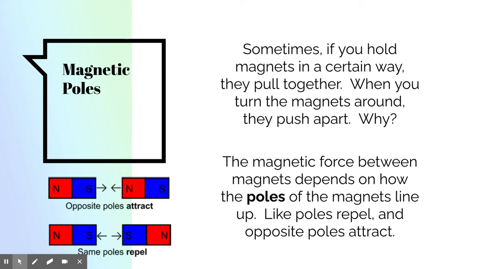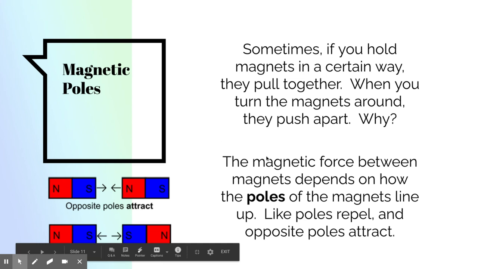Basically, the reason why this happens is because magnets have 2 poles. If you look over here, and sometimes on diagrams of magnets, you'll see there's an N and an S. That stands for North Pole and South Pole. Depending on how those poles are oriented, your magnet will either attract or repel.